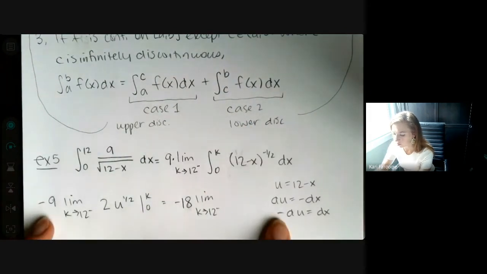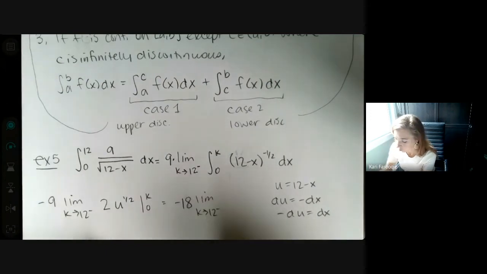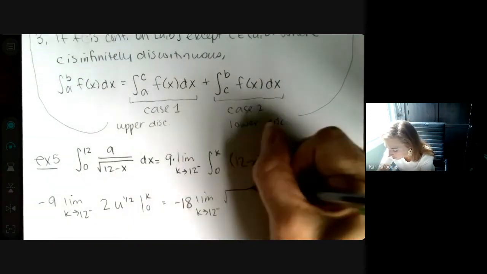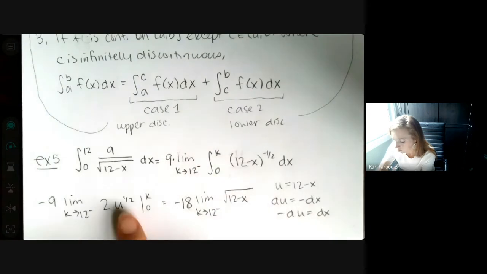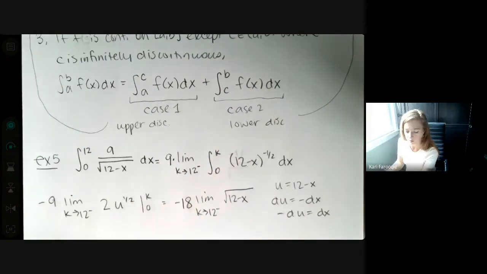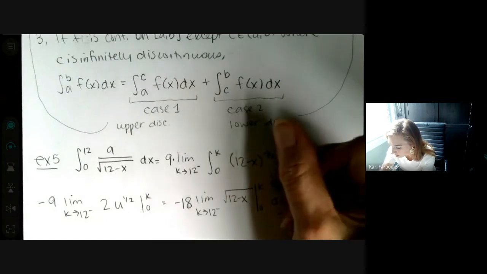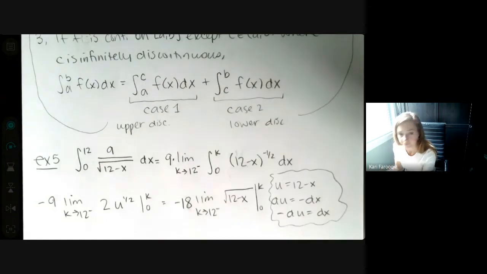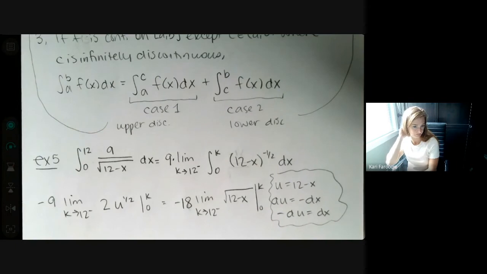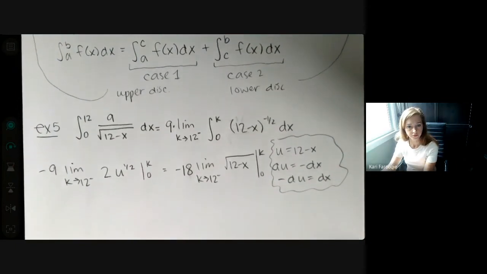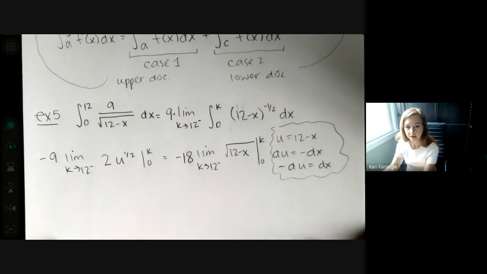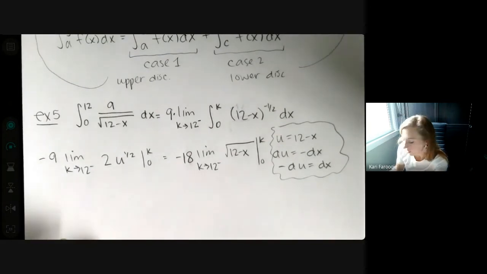It's still negative because I had this negative du. And then I have 12 minus x to the 1/2 power. Means we'll just put it back under the radical again and go from 0 to k. Okay. Now we're ready to use the FTC.